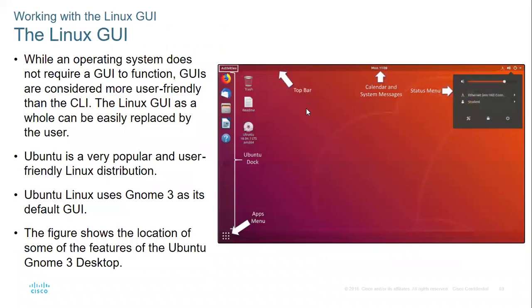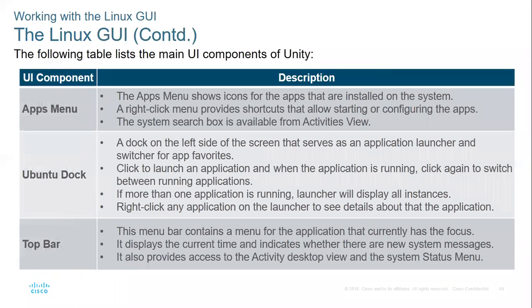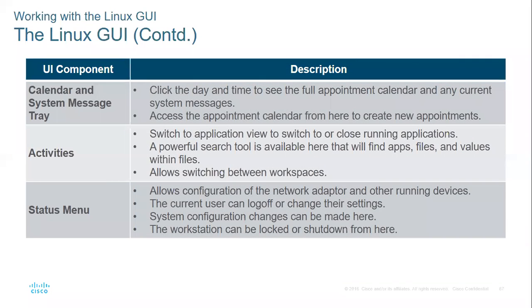So you can see, Linux, it's opposite. We have the taskbar up there, and the Ubuntu dock here, and then the apps are here. So it is a little bit different from Windows.